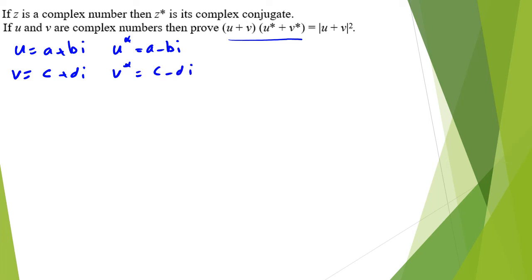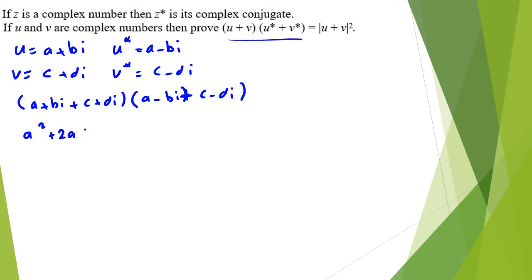Now I will find this one here. So a plus bi plus c plus di multiplied by the conjugates, a minus bi plus c minus di. Now expand and simplify, so I'll end up with a squared plus 2ac.